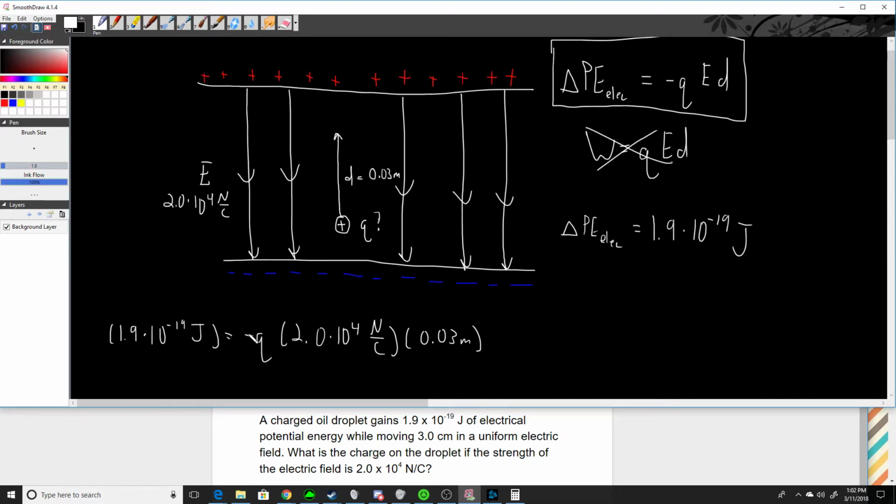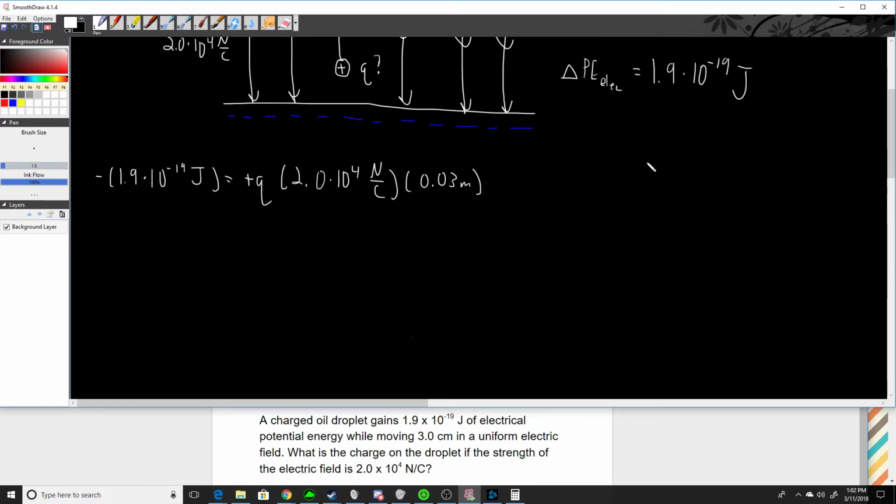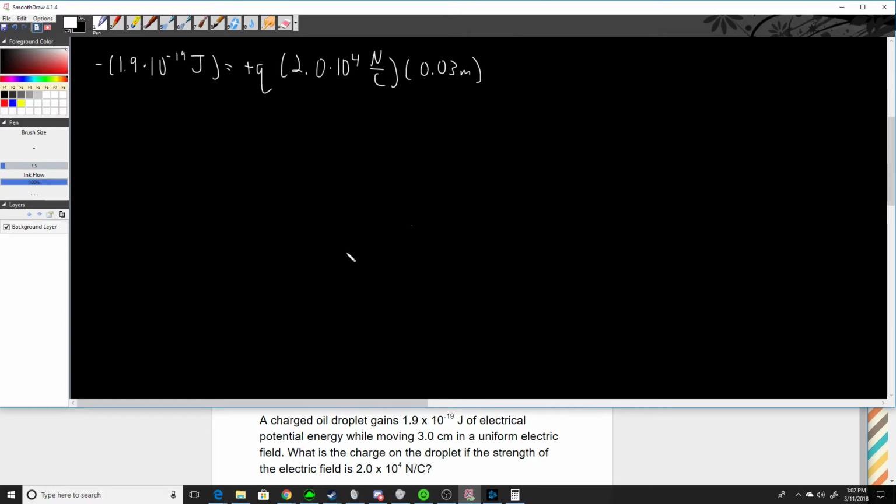We could start just by multiplying both sides by -1, so I'm ending up with that. I'm even going to scroll down at this point. So that takes care of the negative. I'm going to divide both sides by 2.0 times 10 to the fourth coulombs, and by 0.03 meters.